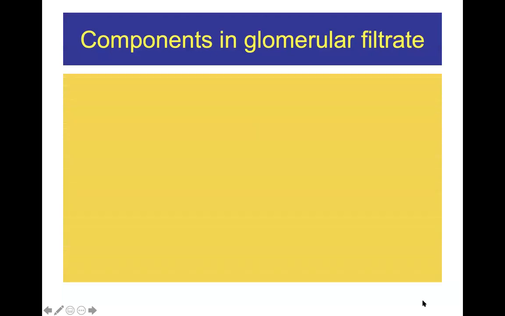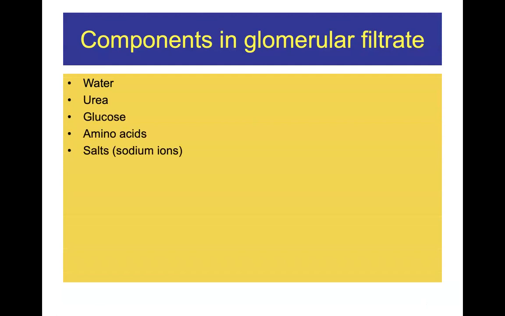These are examples of small substances that get filtered from the glomerulus into the Bowman capsule because they are small in size. Once they get into the Bowman capsule, we call them glomerular filtrate, and this process is known as ultrafiltration.